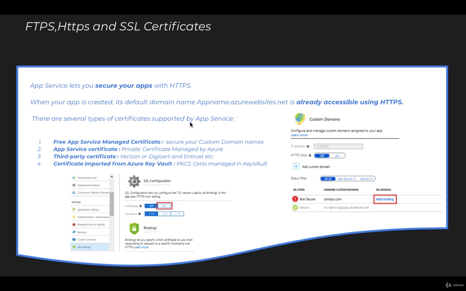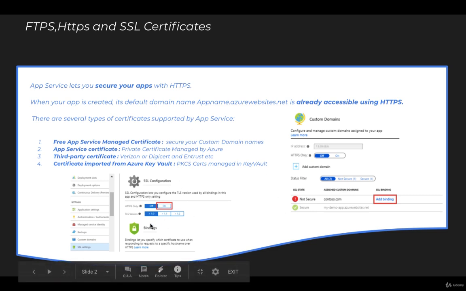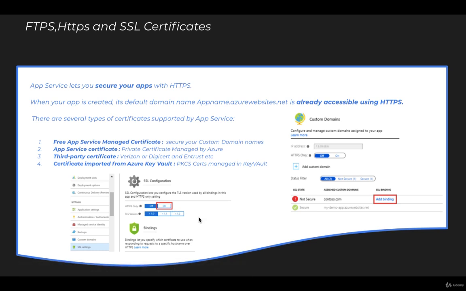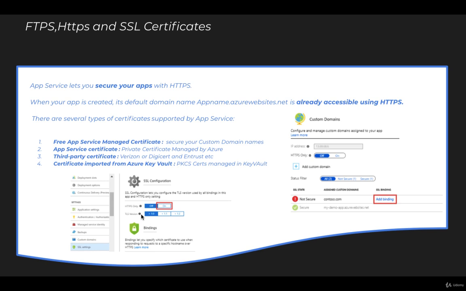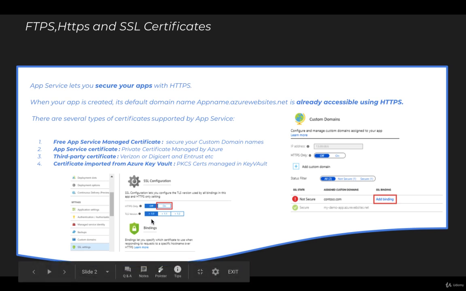There are several types of certificates used by the app service. Another good thing in Azure is that we can enforce the use of a TLS version and HTTPS. There are different versions of TLS given: 1.0, 1.1 and 1.2. From a security perspective, TLS 1.0 is no longer a secure version.